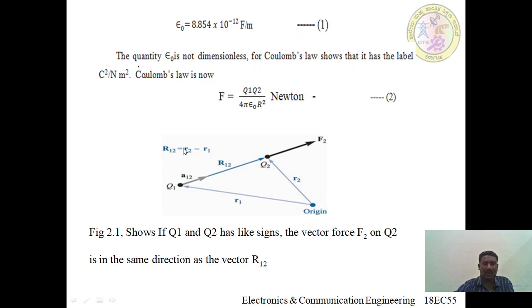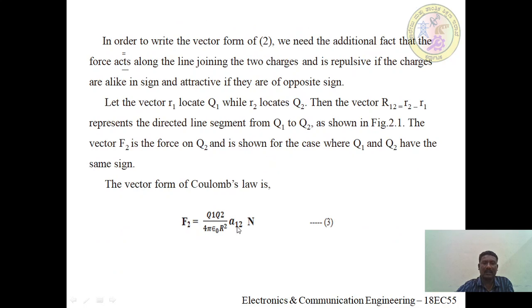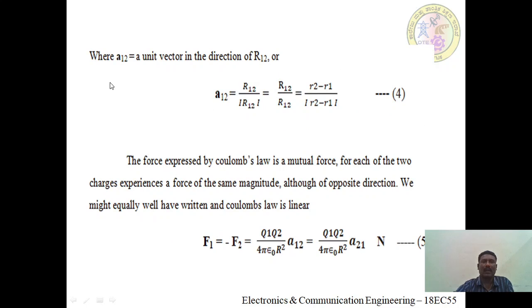R12 is equal to R2 minus R1, where this is the R2 vector and this is the R1 vector. A12 is a unit vector. Here A12 is the unit vector in the direction of R12.